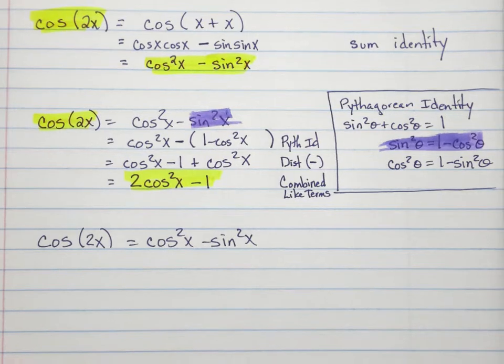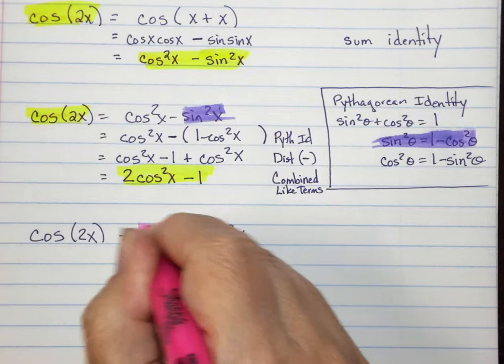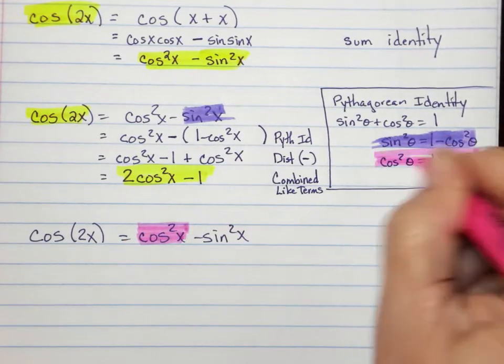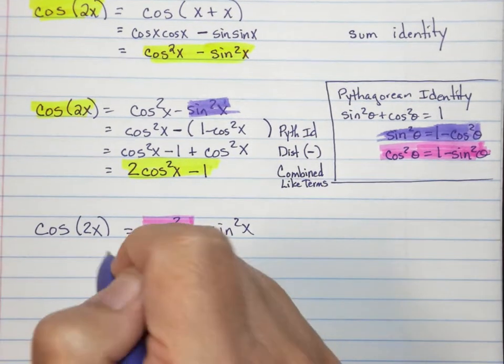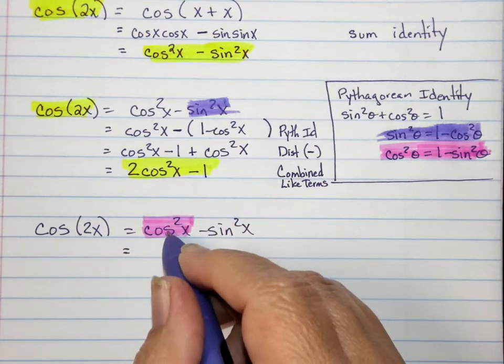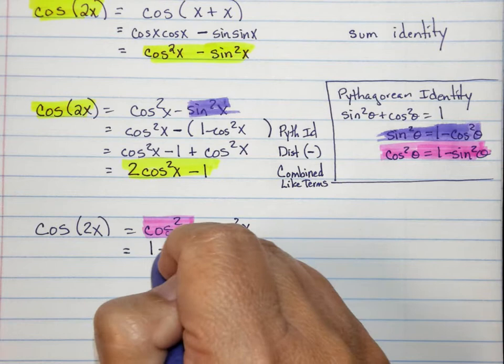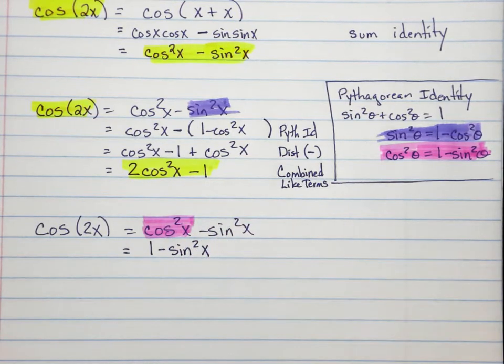Alright, and now this time I'm going to use a different color highlighter. This time I'm going to take my cosine squared x, and I'm going to substitute with the Pythagorean identity. So cosine squared x goes out, and 1 minus sine squared x comes and takes its place.